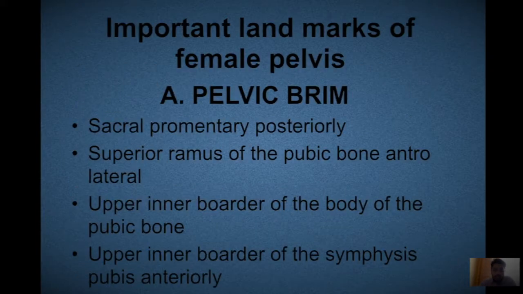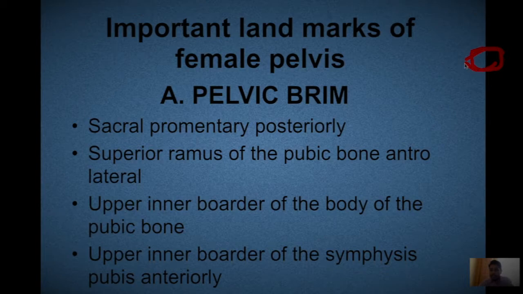So let's continue. So the important landmark of the female pelvis. First about pelvic brim. So we are going to elaborate a few things about pelvic brim. The first is sacral promontory. So we already know what is sacral promontory. The first vertebra of the sacrum protrudes itself anteriorly.